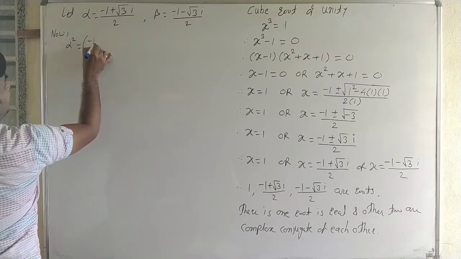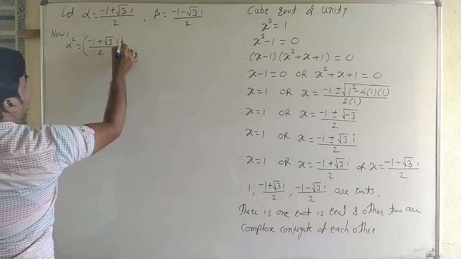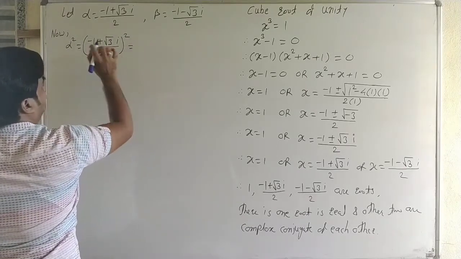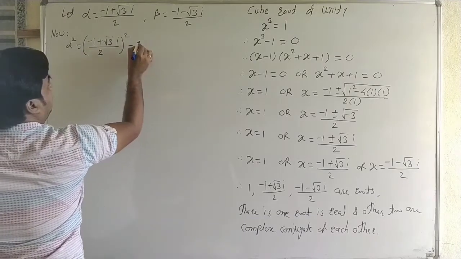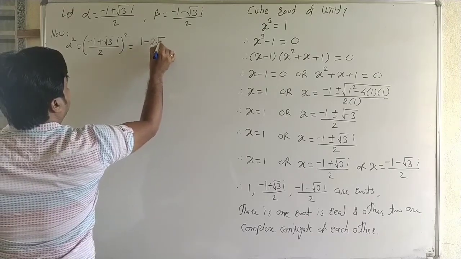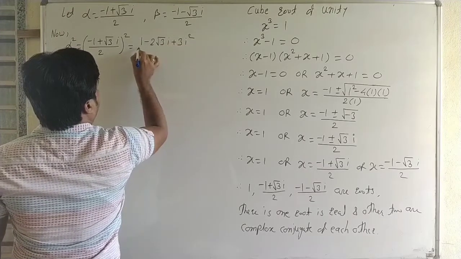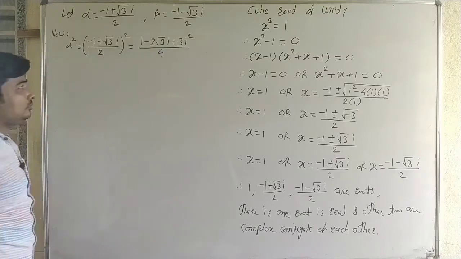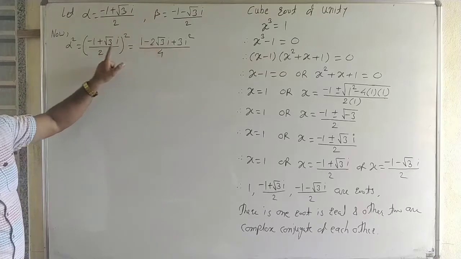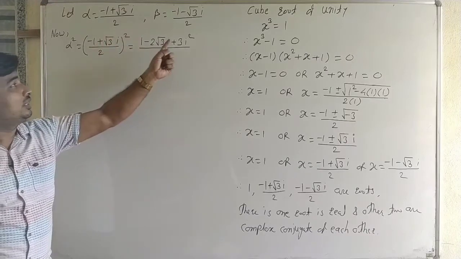Alpha square is equal to (minus 1 plus under root 3i upon 2) whole square. It is (a plus b) whole square: minus 1 square is 1, then twice the product is minus 2 under root 3i, and plus root 3i whole square is 3i square, all upon 4.